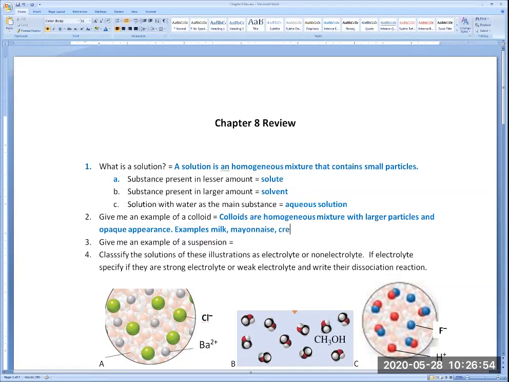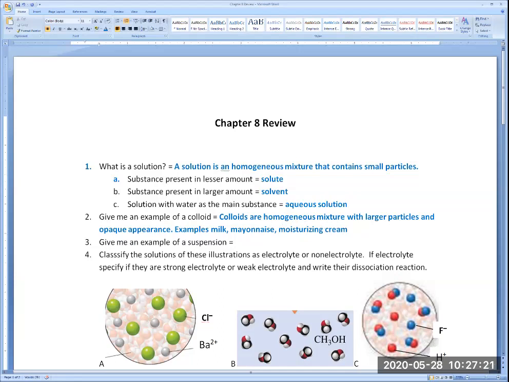Like creams that you find in, let me find a word for that, moisturizing cream, for example. Those things you find in the bathroom. A lot of those things that we use in the bathroom are colloids, right?